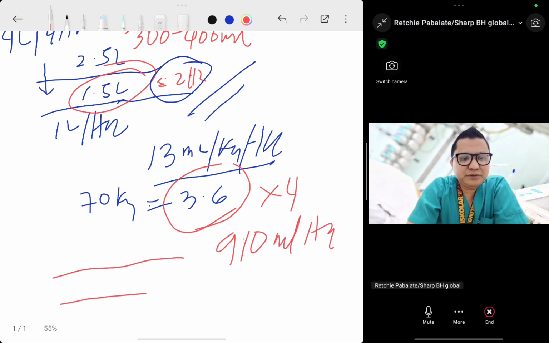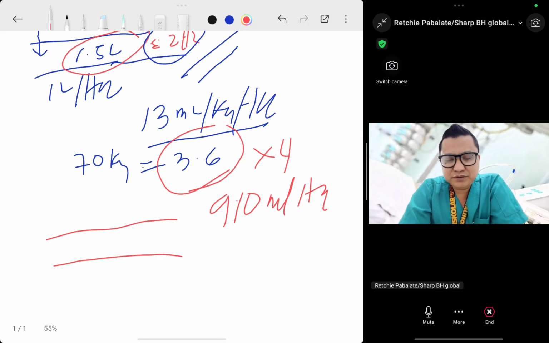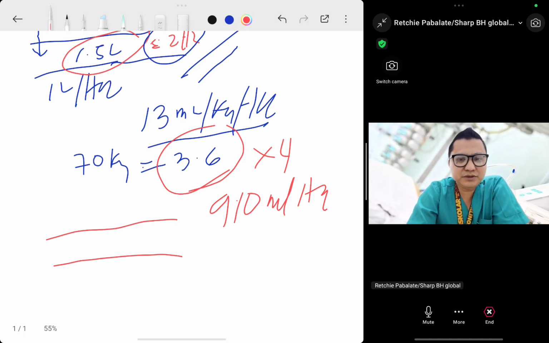Looking at where the fluid is located between compartments, for example, the water inside the vascular space is around 1.6. The remainder of the fluid, 2 liters, is located in the interstitial compartment, or within the tissue.